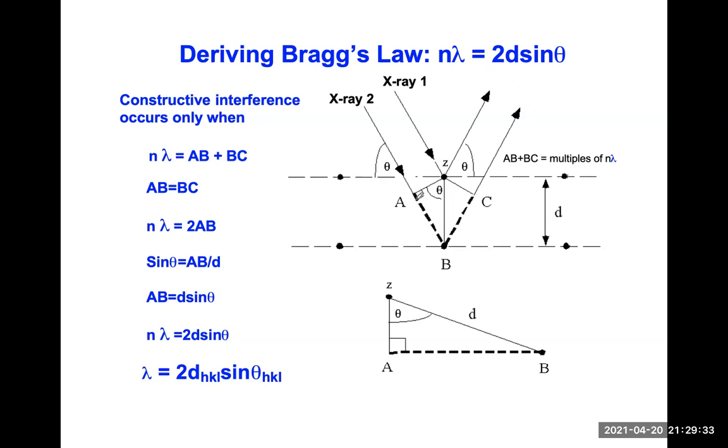The distance AB is d sine theta, and there are two of those, the path length difference. Okay, great. So n lambda is related to 2d sine theta. That's that thing we just said. Great.